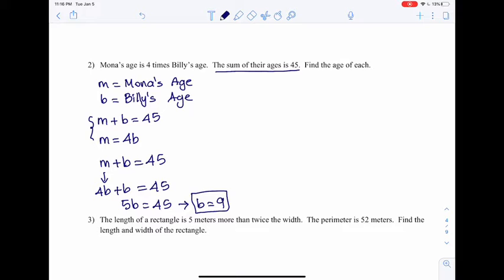Let's substitute this 9 for B in the second equation or first equation to find Mona's age.